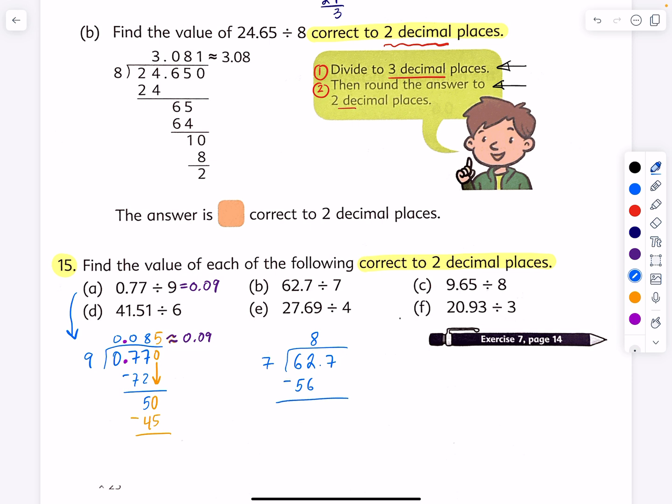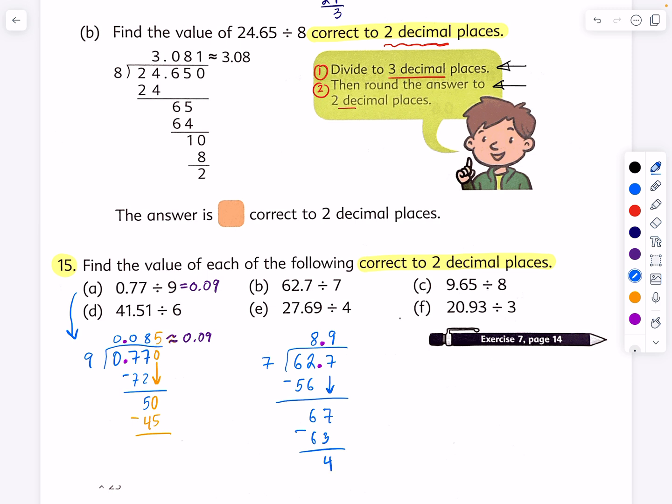The remainder is 6. Let's bring down the next digit. 67. 7 goes into 67 9 times. My friends, do not forget, as soon as you cross the border of the decimal point, we must place it right there into our quotient, and we continue the division. 7 times 9 is 63, and the remainder is 4.